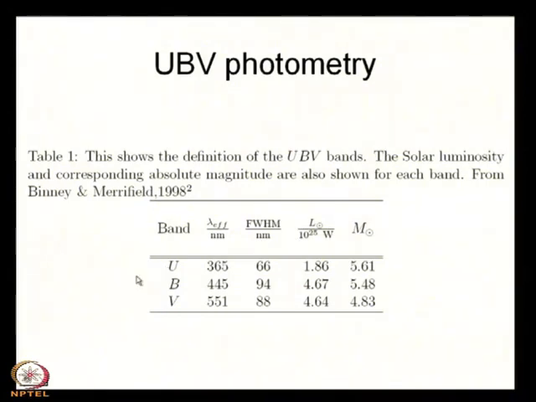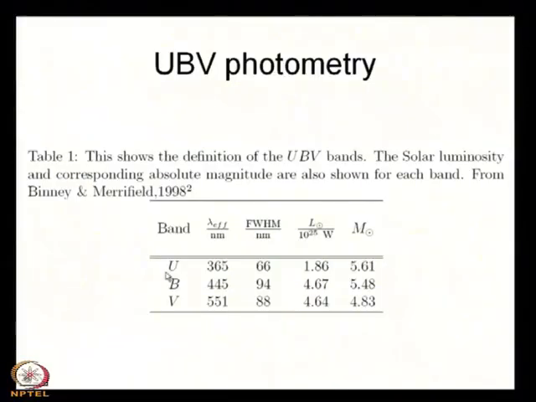Okay, so in astronomy it is very common practice to refer to the luminosity of astronomical sources in terms of the solar luminosity. So when we are doing this in the U band, this tells you the solar luminosity in the U band.